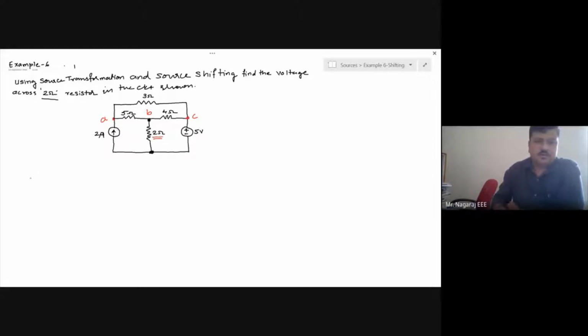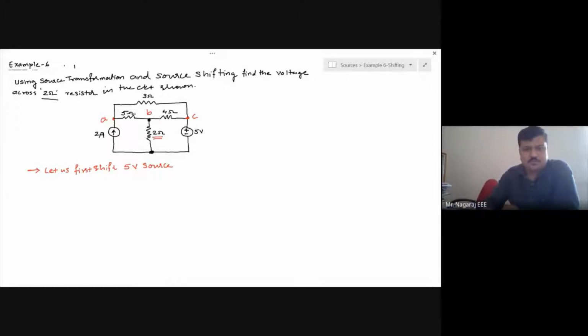So I need to find the voltage across this 2 ohm resistor. First, let us shift the 5 volt source. Now where should I shift the 5 volt source?